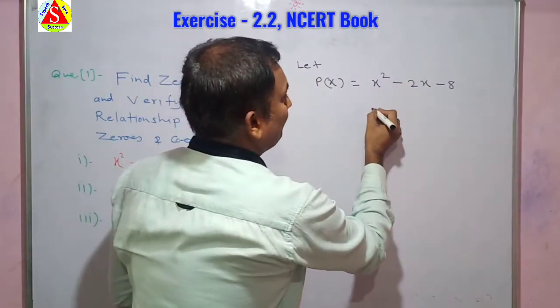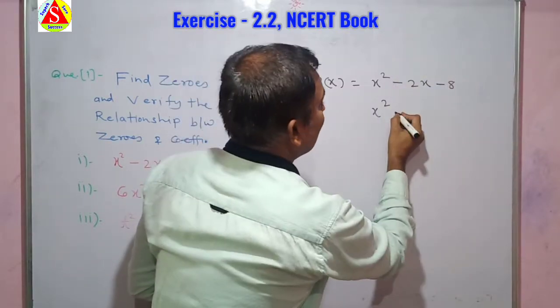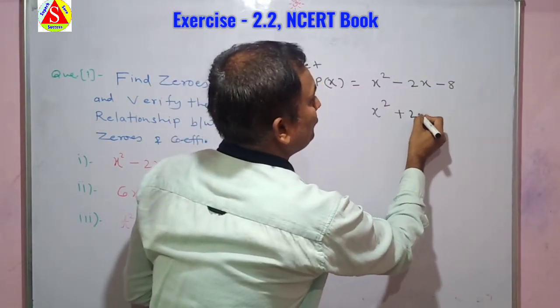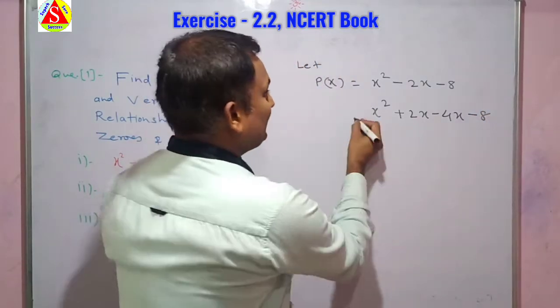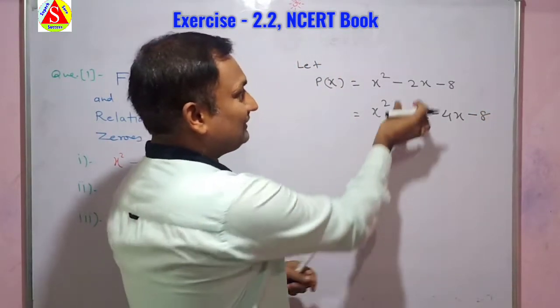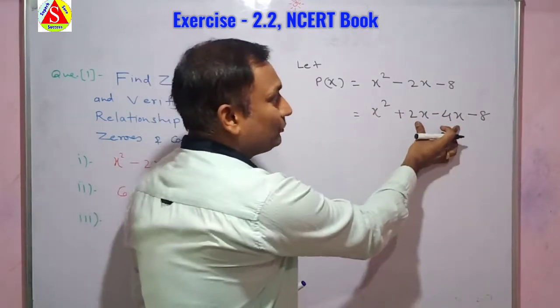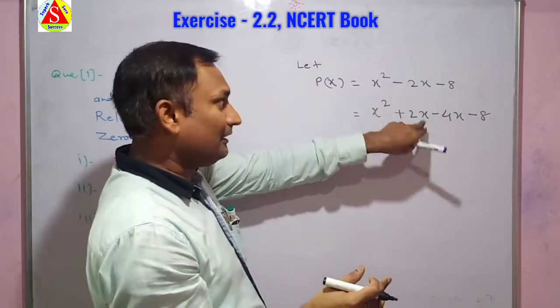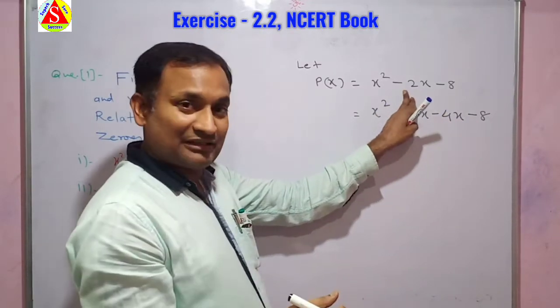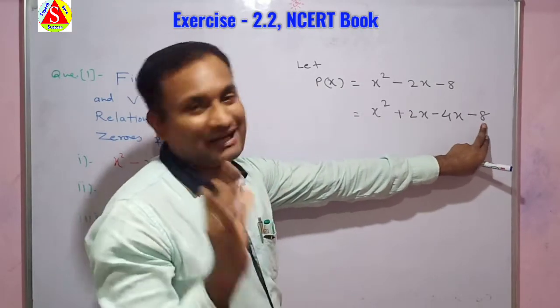So we will split this as x square plus 2x minus 4x minus 8. Here you can see the middle term minus 2x is split into two terms, 2x minus 4x, and when we multiply 2 into minus 4, we get minus 8.